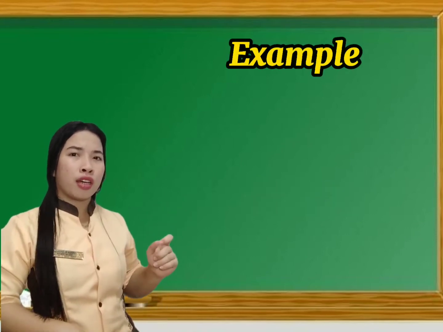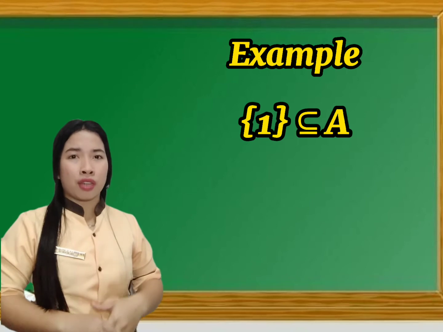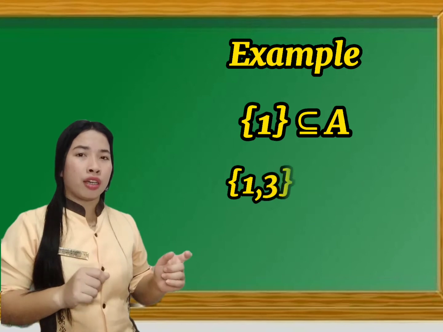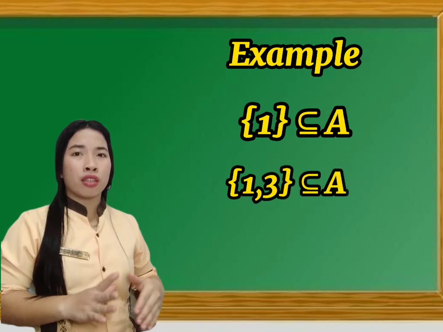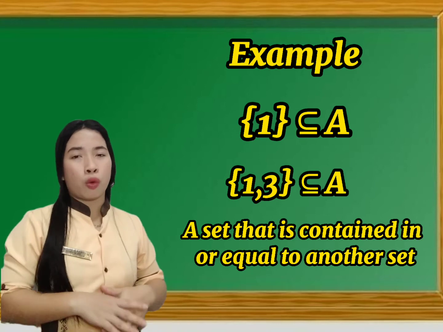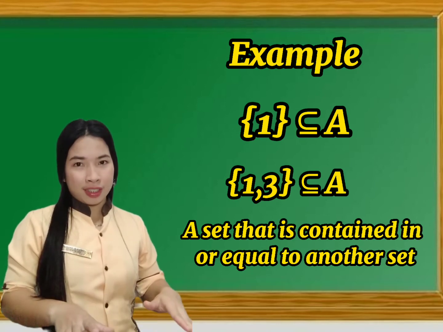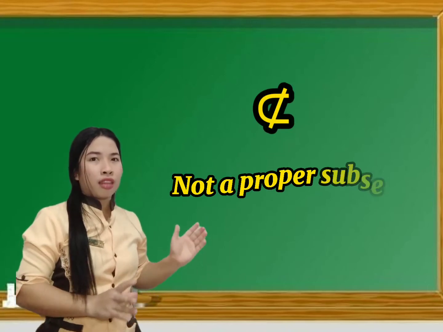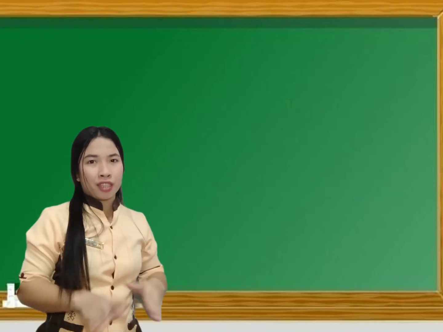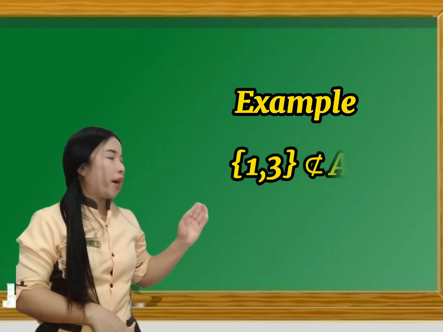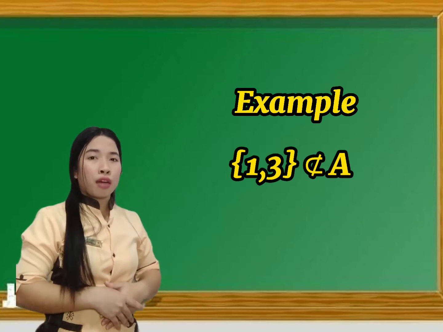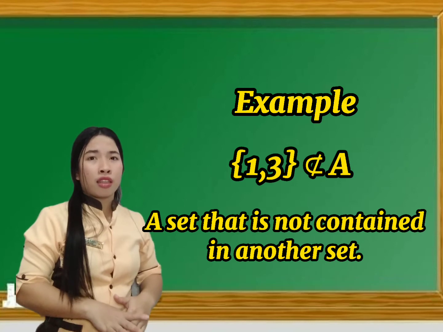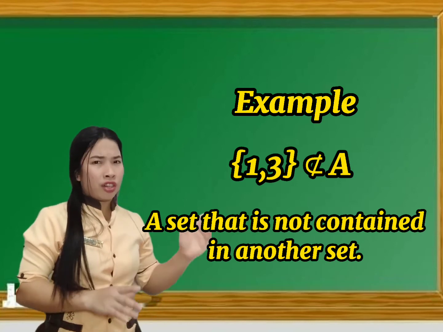For example, 1 is a subset of A. And another example is 1 and 3 are subsets of A. So a subset is a set that is contained in or equal to another set. Next symbol, we call that not a proper subset. For example, 1 and 3 are not proper subsets of A. So a proper subset is a set that is contained in another set.